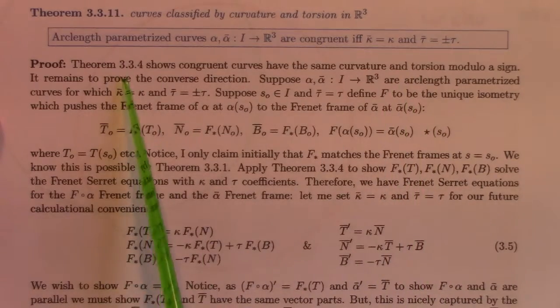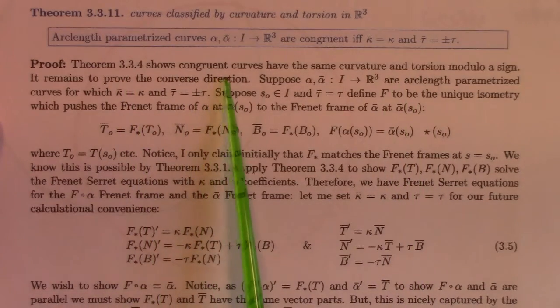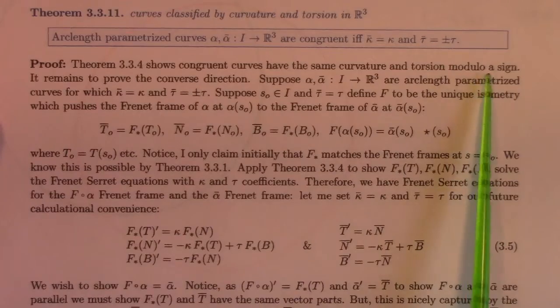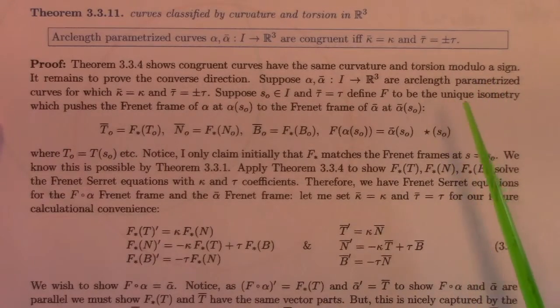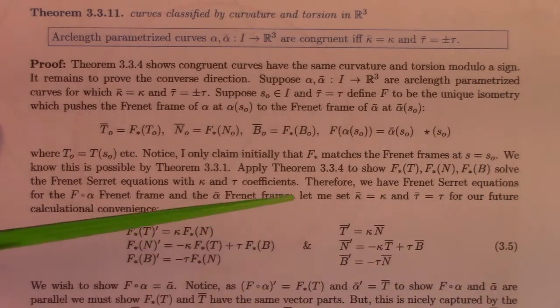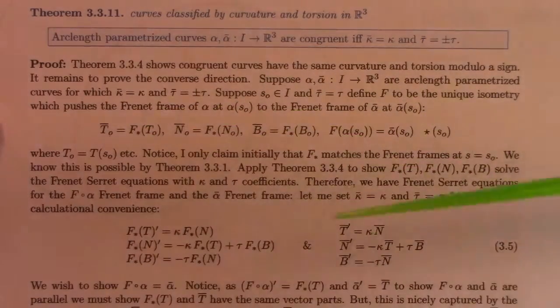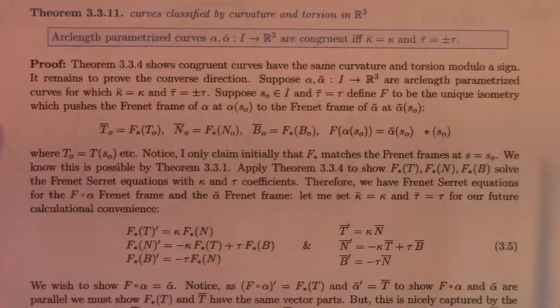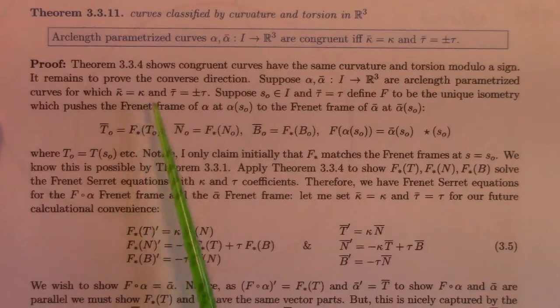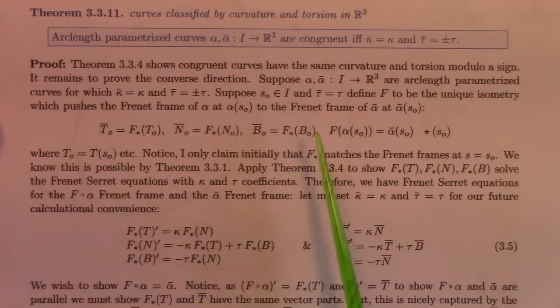Theorem 3.3.4 showed that congruent curves have the same curvature and torsion modulo a sign. So we've already proved that this direction is true. Now we have to go the other direction. Suppose you've got two curves that are arc length parametrized and they have matching curvature and almost matching torsion.